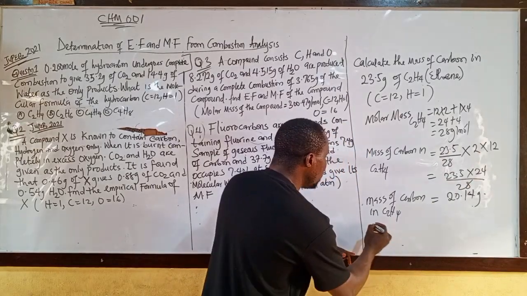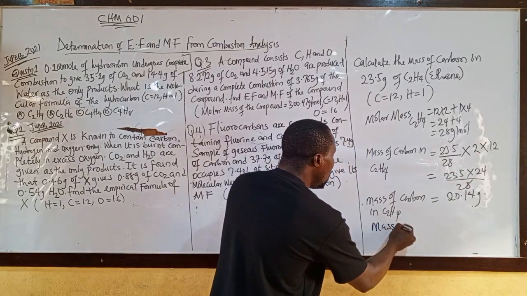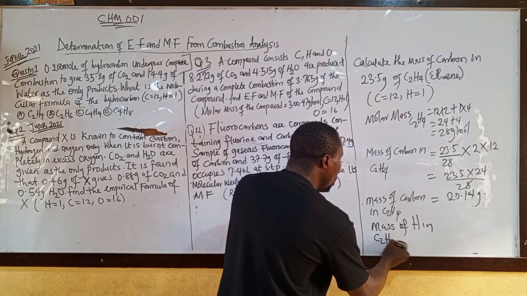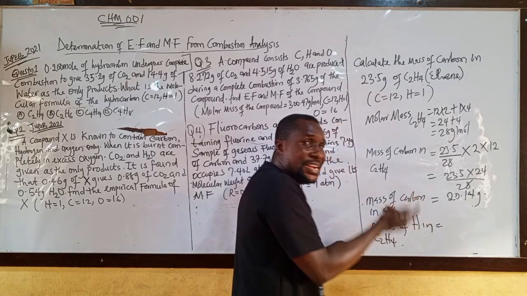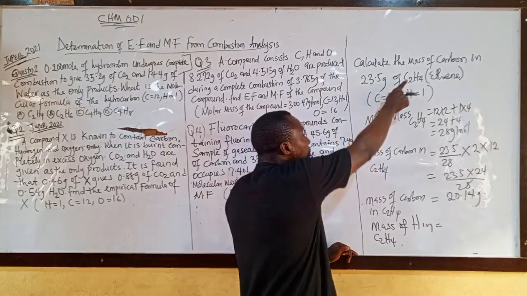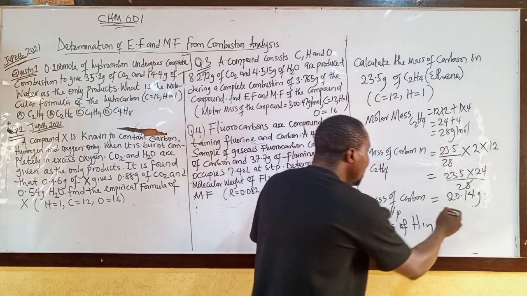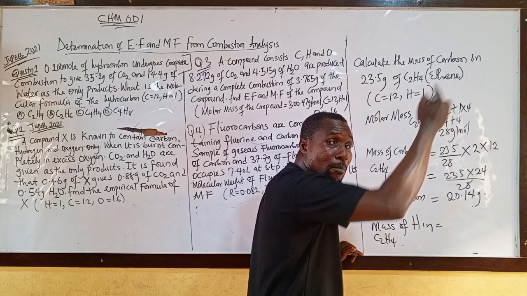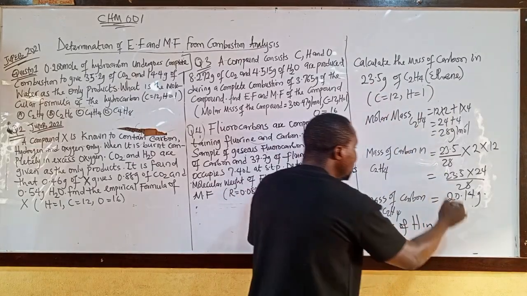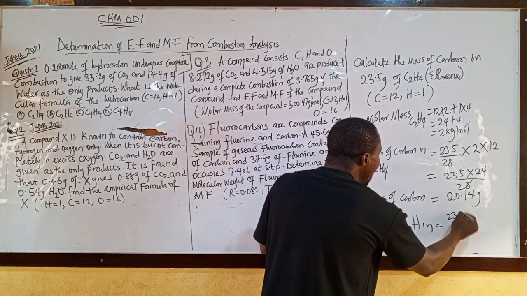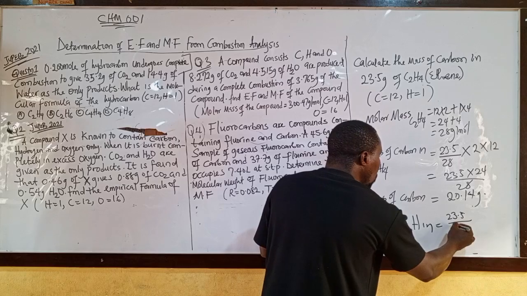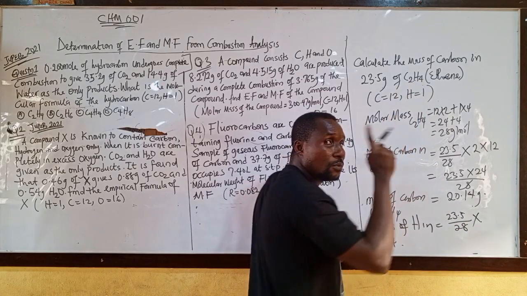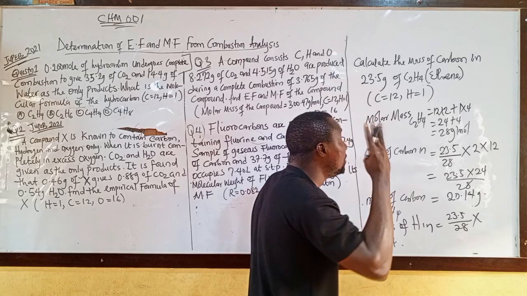If you want to calculate the mass of hydrogen in C2H4, what will you do? Find the mole of the given mass of 18. What is mole? Mass over molar mass. The mass of 18 is 23.5 over the molar mass, which is 28, times how many hydrogen do we have? 4 hydrogen.